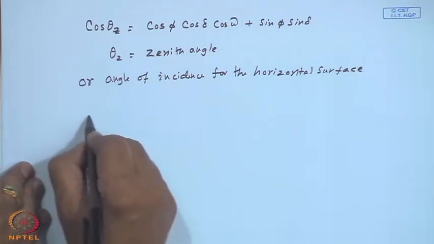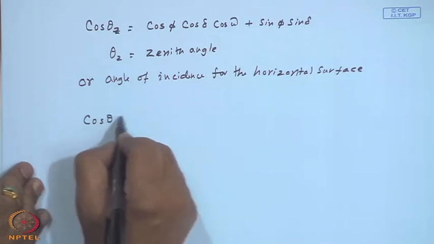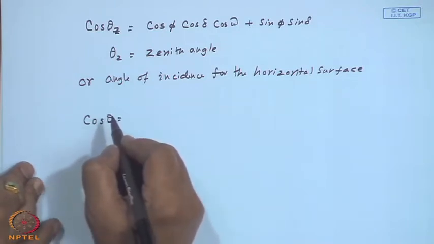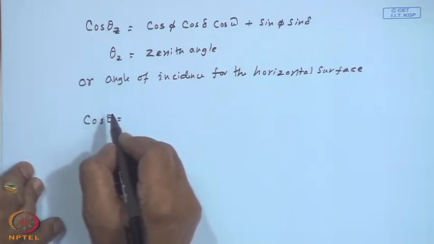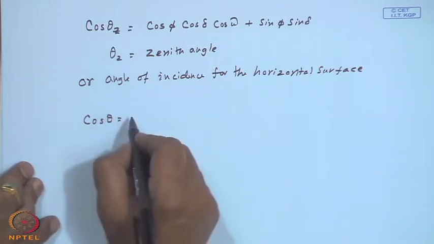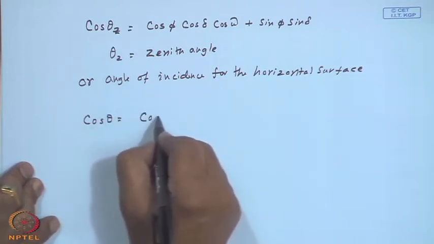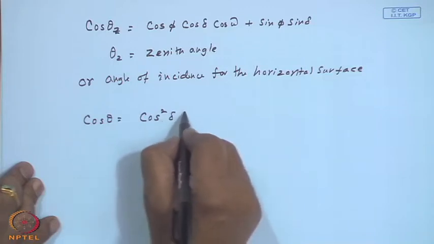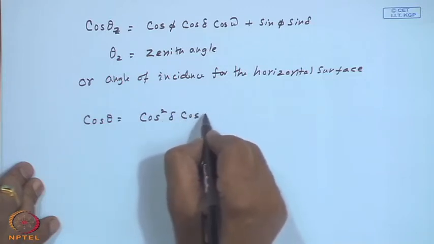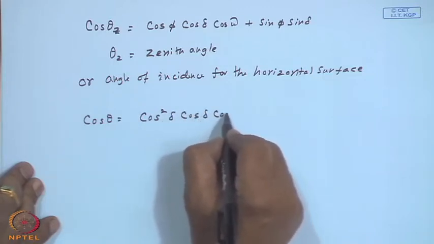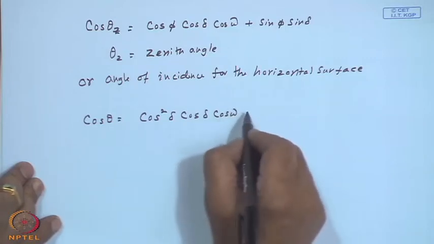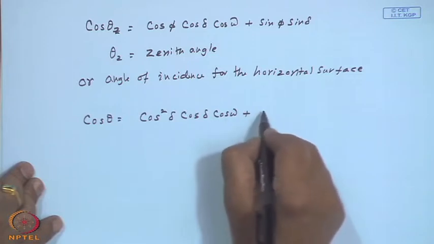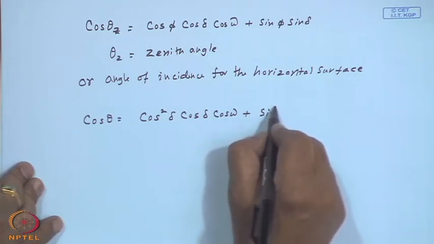Now, cos theta for the purpose of calculating RB or RB bar for focusing collectors is given by, let me repeat so that it will be with you. You remember that the appropriate cos theta expression needs to be used for the tracking collectors.